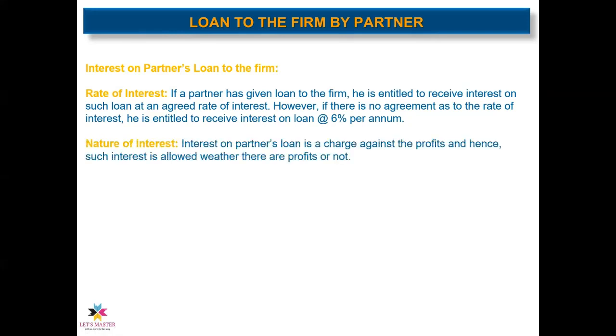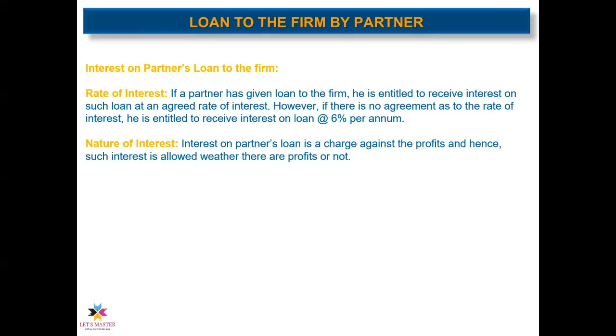Nature of interest: as I shared with you earlier, interest on partner's loan is charged against profit, and hence such interest is allowed whether there is profit or not. So the partnership firm doesn't have a choice whether to pay interest or not.